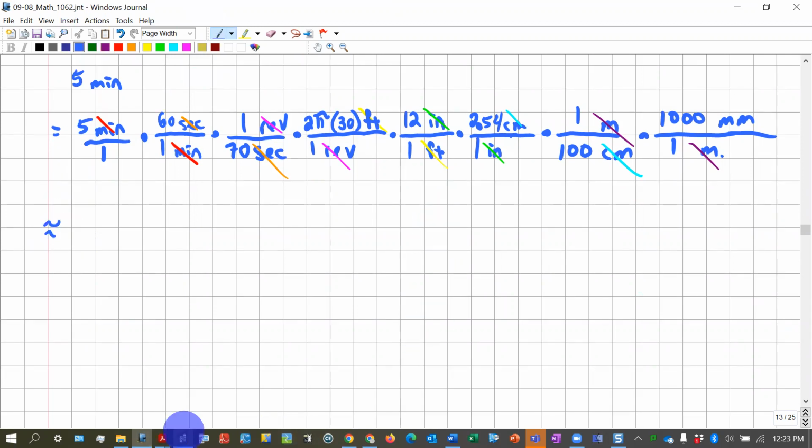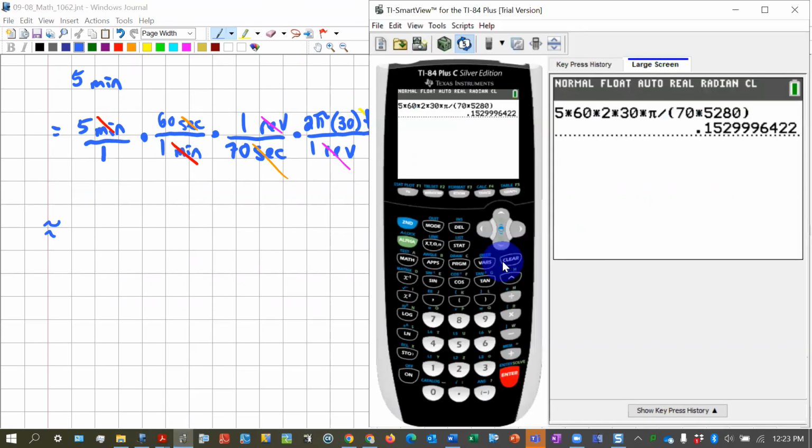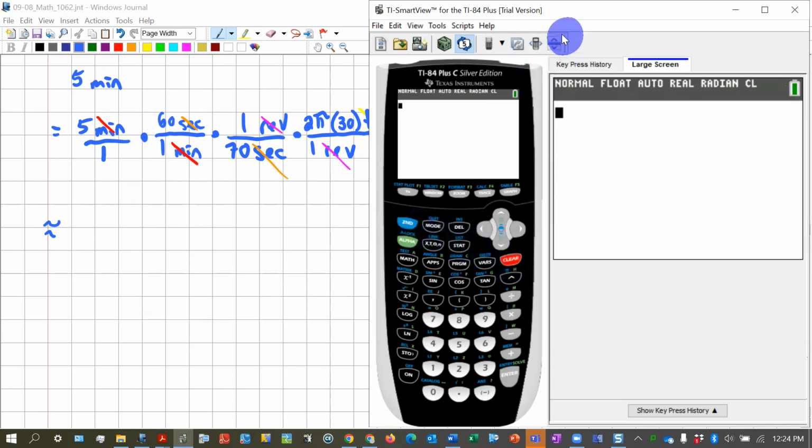Let's see what we get here if we type this in. This time I'm going to use parentheses just to be sure.